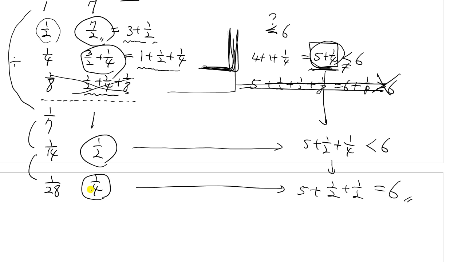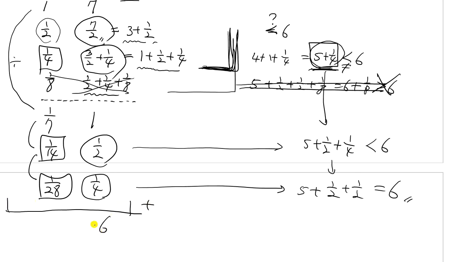Then the corresponding numbers should be the result of the division. So adding up to 6 in the second column, the first column gives us 1/2, 1/4, 1/14, and 1/28. That should be the result of that division.